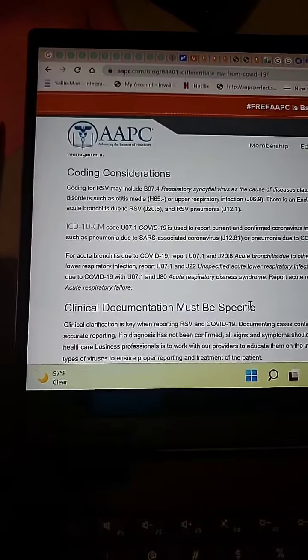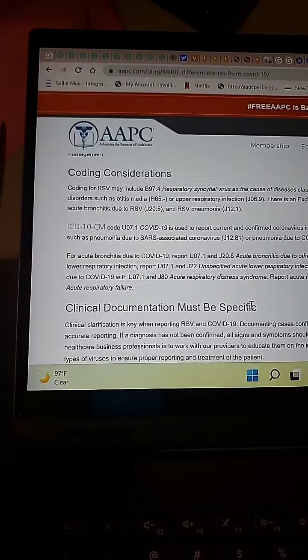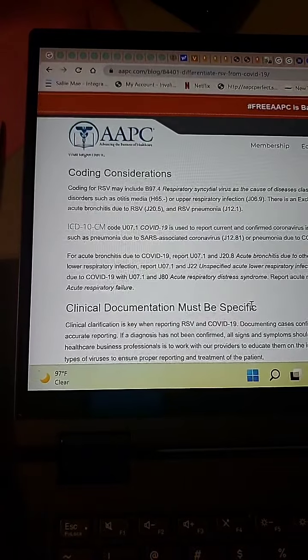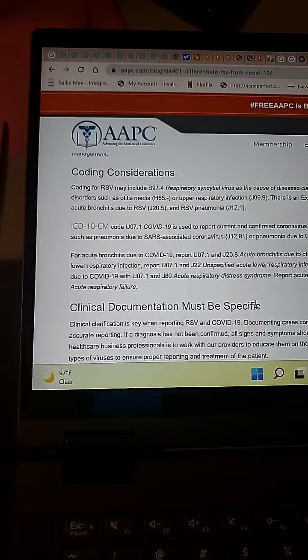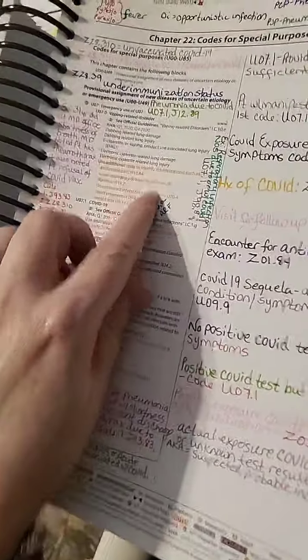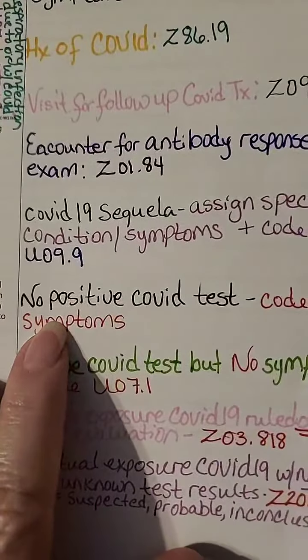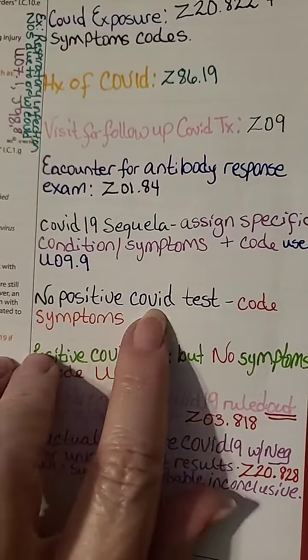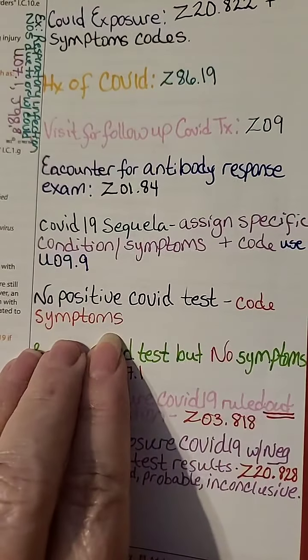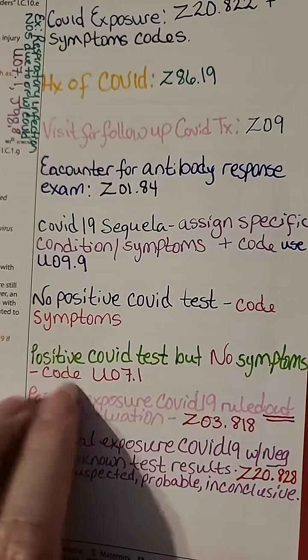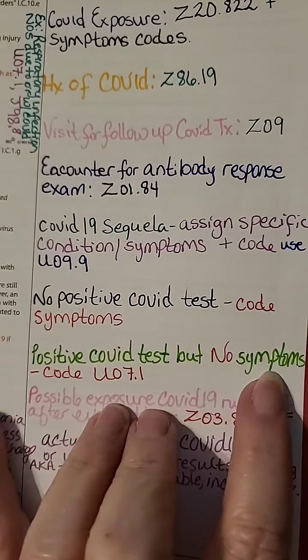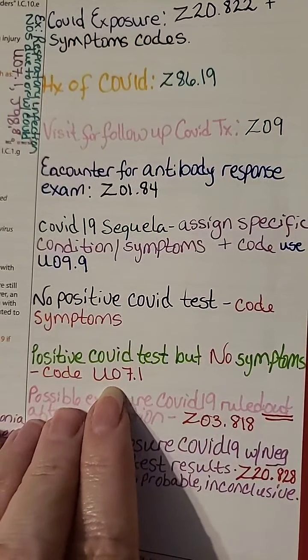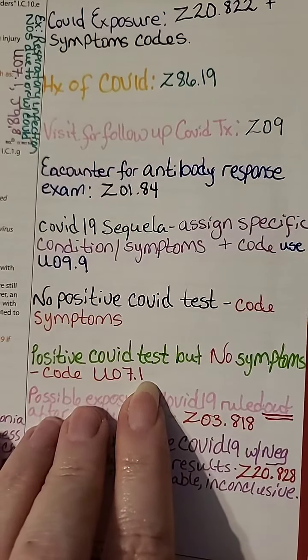Finding those codes behind all the Z's, people ask, where is it? I can't find a U00 code. Well, it's behind all the dang Z's. No positive COVID test, code just the symptoms. Positive COVID test but no symptoms, our answer is U07.1.